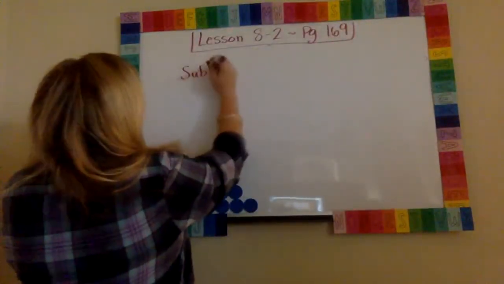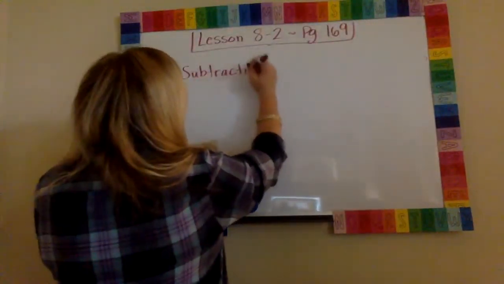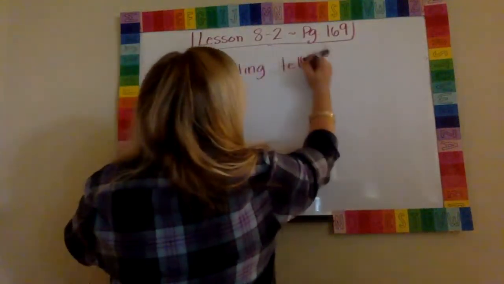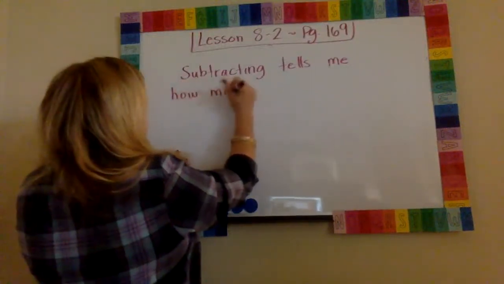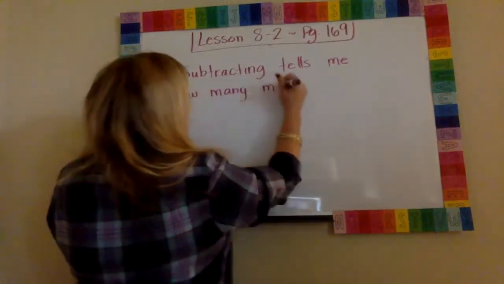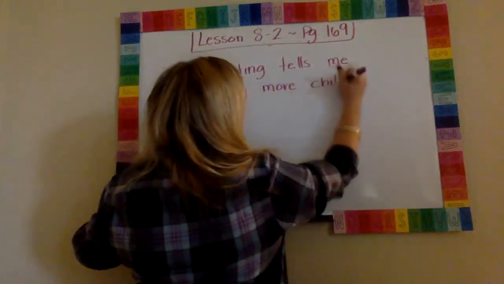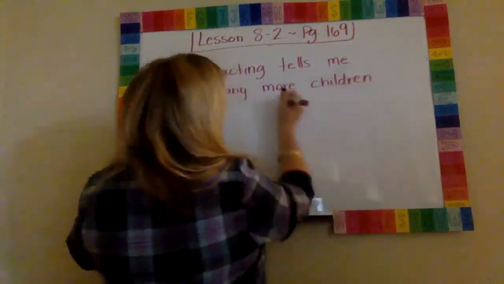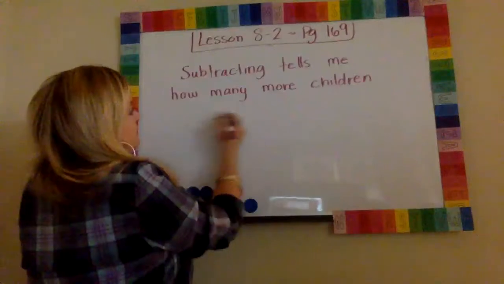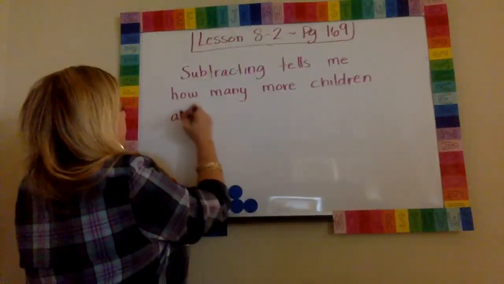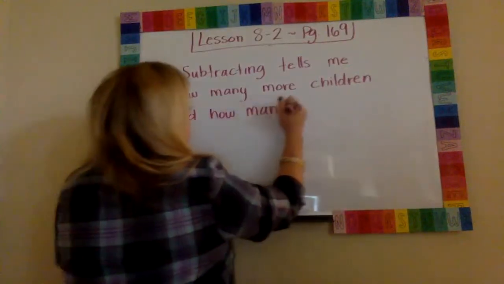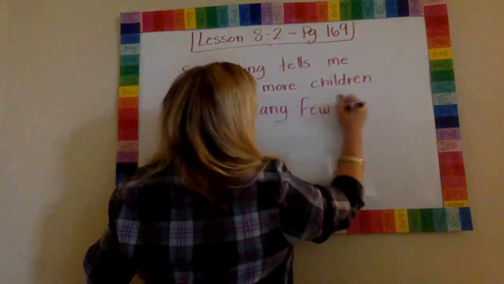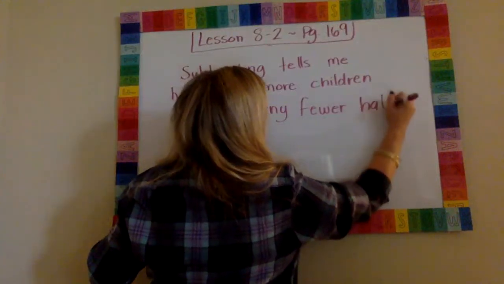Okay, so subtracting tells me how many more children. I had 2 more children than hats. So subtracting tells me how many more children, and the opposite of that is how many fewer, 2 less hats.